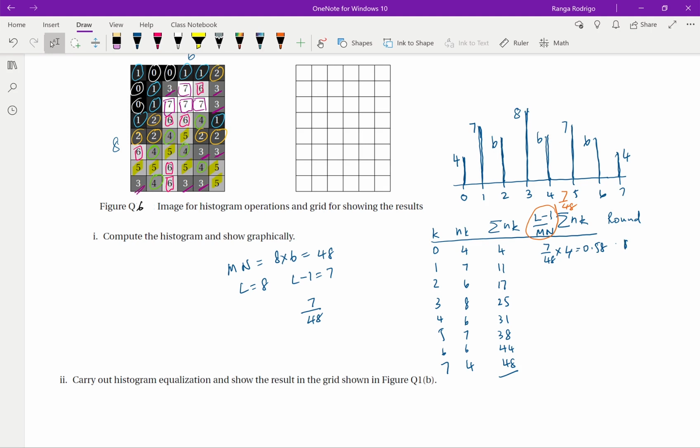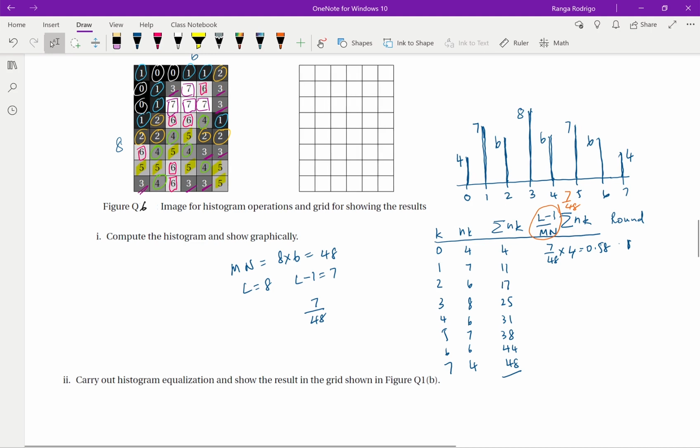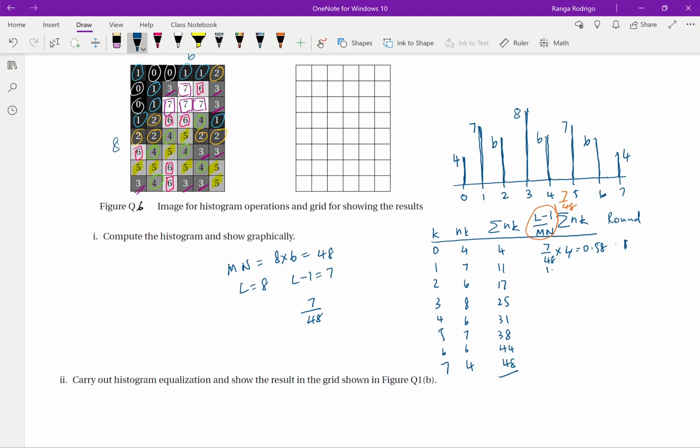So next value would be 11. 1.6. I will not write the expression. 1.60. So that is approximately equal to 2. That's 1, that's 2.